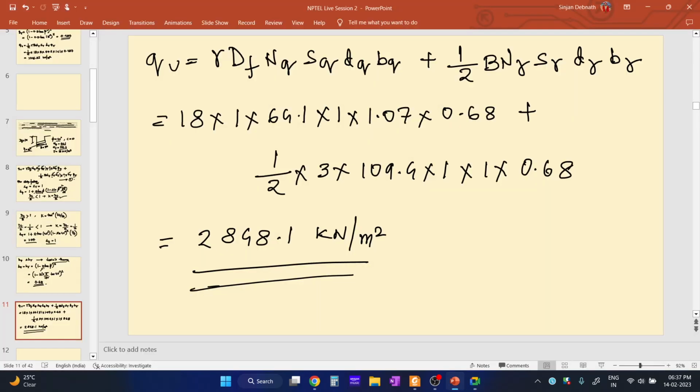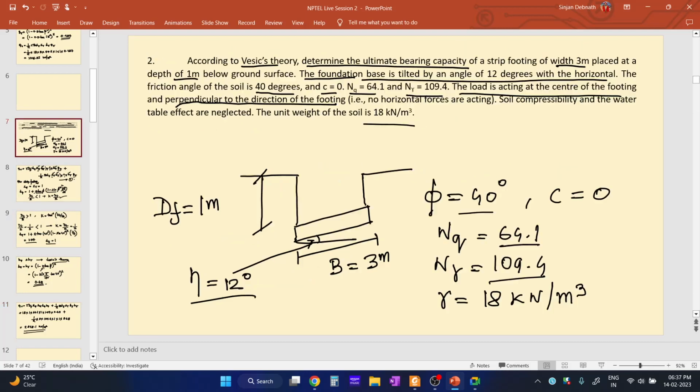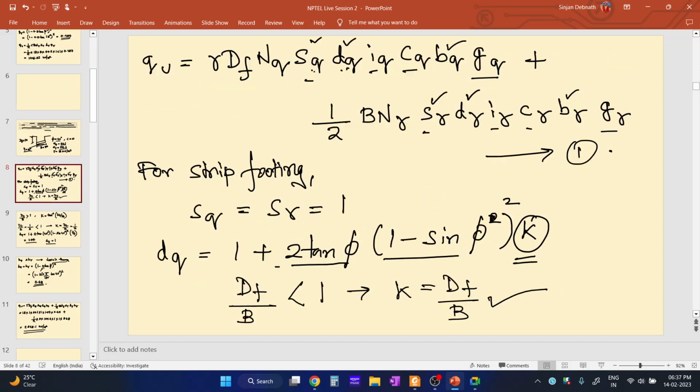If you have any doubt regarding this tilt base problem, the problem in which the foundation base is tilted, you can just tell me now. If you have any doubt regarding this calculation process, you may tell me now.